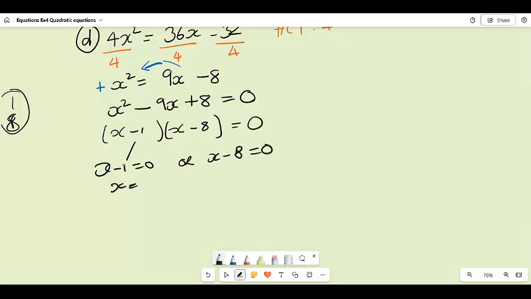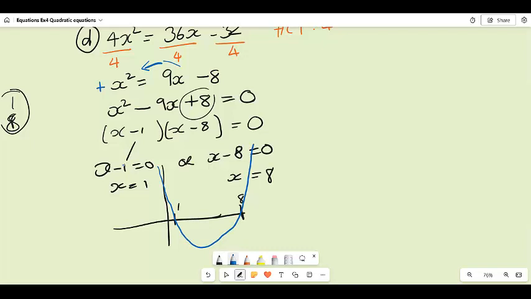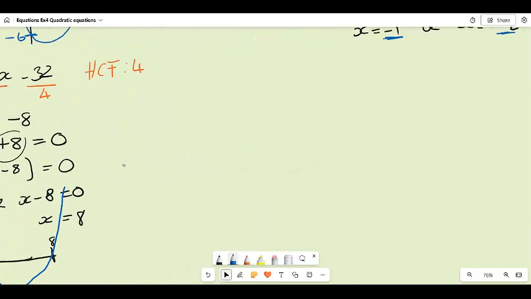So x equals 1 or x equals 8. Graphing it, I have an intercept at 1 and an intercept at 8, and a y-intercept at positive 8 up here somewhere. And my graph would look something like this. Okay, that's question D.